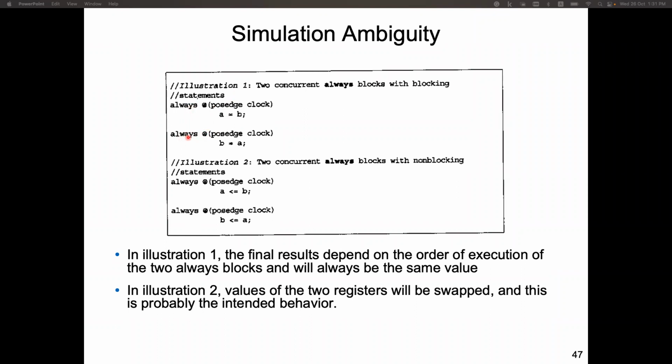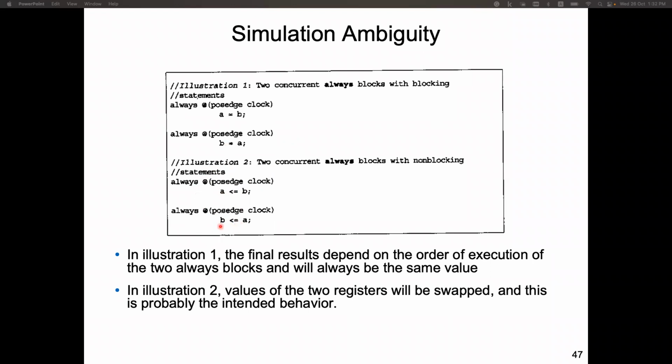They are concurrent. So there is simulation ambiguity. It depends on different simulators. But in the second example, using non-blocking assignment, there is no ambiguity.